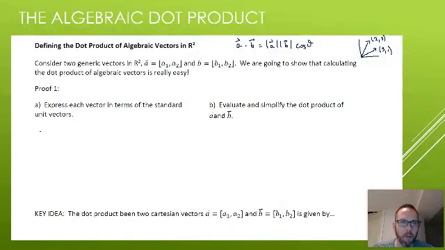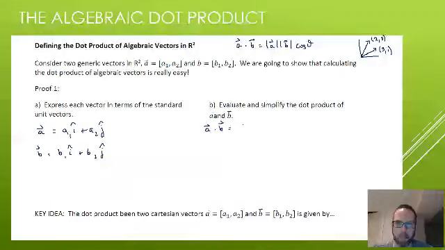So remember that we can express any vector in terms of the unit vectors in R2. So vector A, I could rewrite as A1 times i hat plus A2 times j hat. And for B, I can write that as B1 i hat plus B2 times j hat. And so now let's look at the dot product of A and B using these.